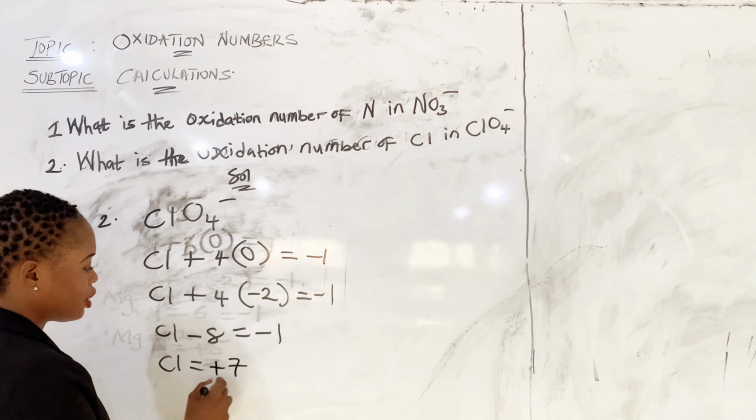It says, what is the oxidation number of X in X2O7 minus 2 compound? So we're going to write our formula X2O7 minus 2. So solution. We're just going to write 2X plus 7 in bracket equals to -2. 2X plus 7.